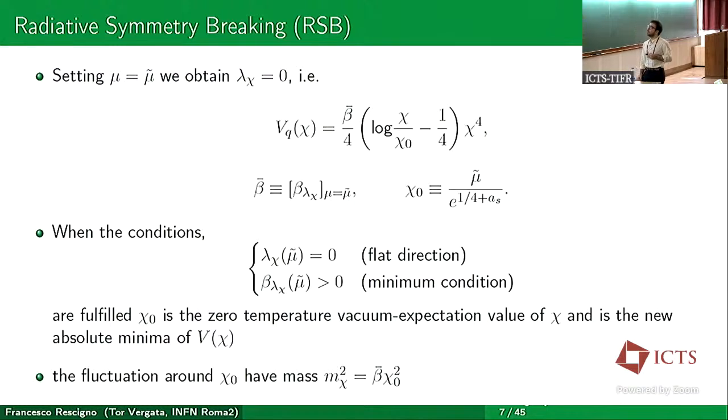When the flat direction condition and the minimum condition, that is beta bar positive, are fulfilled, then phi_0 is the zero temperature vacuum expectation value of phi and is the new absolute minimum of V. The fluctuation around phi_0 develops a mass that is radiatively obtained and looks as follows.